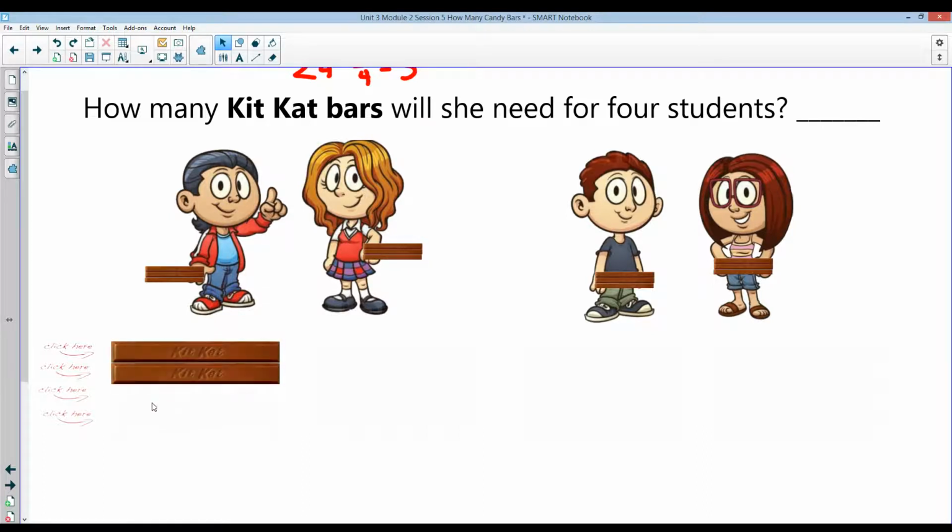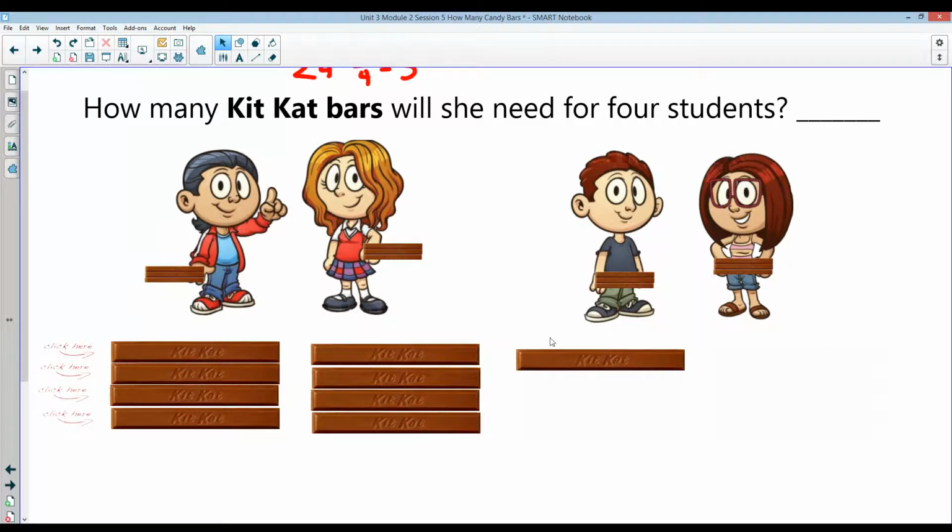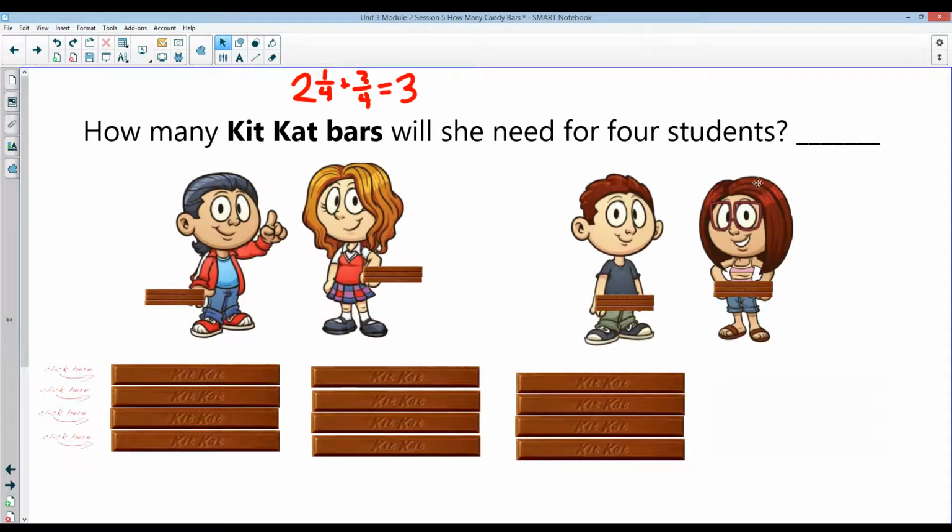Hers is another 1, 2, 3. His is another 1, 2, 3. And then hers is another 1, 2, 3. We have 3 whole Kit Kat bars for 4 kids.